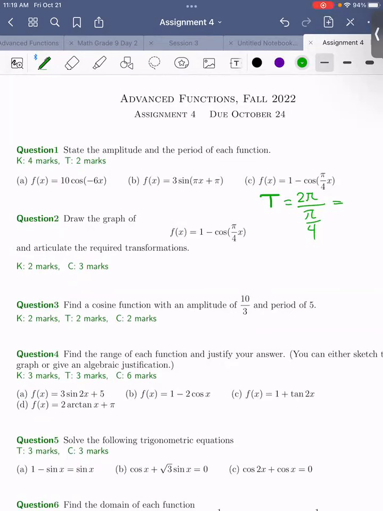No, wait, hold on. Two pi over 4. It's 8. Yes, 8. Okay, so the period for part C is 8.